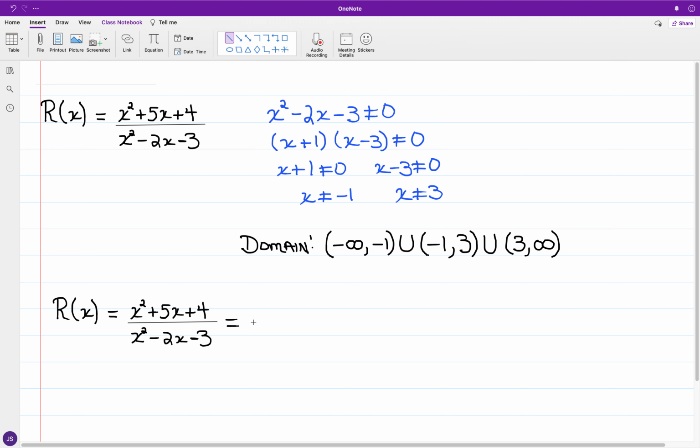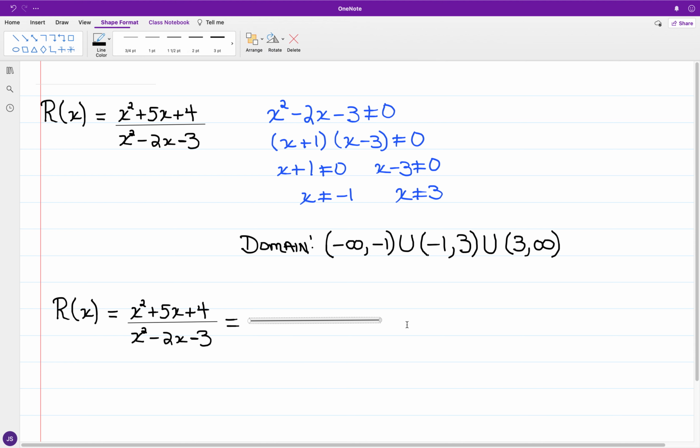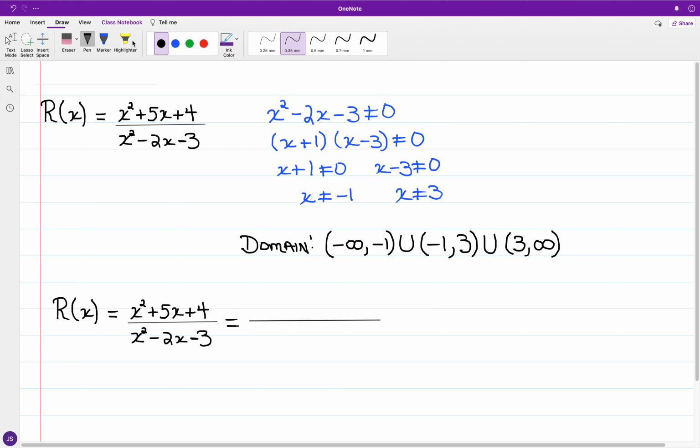For x squared plus 5x plus 4 over x squared minus 2x minus 3, if I factor, x squared plus 5x plus 4 goes to x plus 4 and x plus 1.